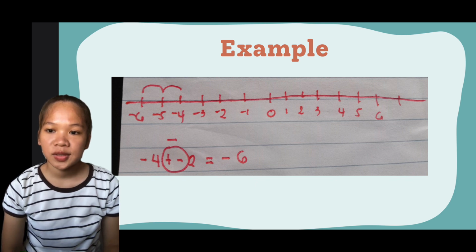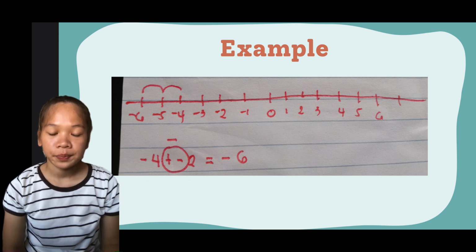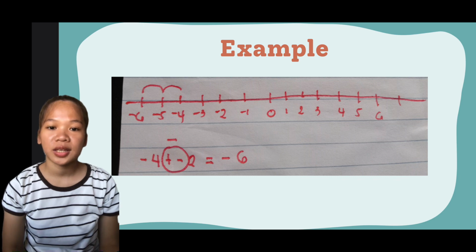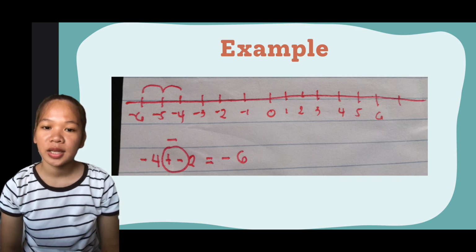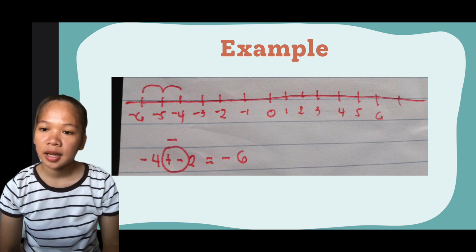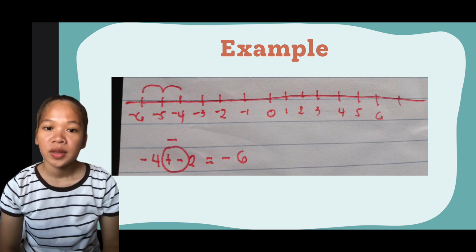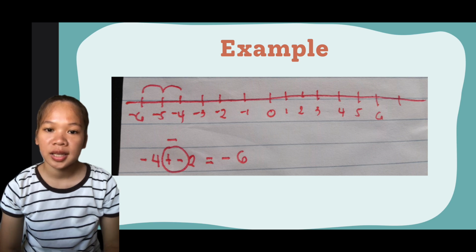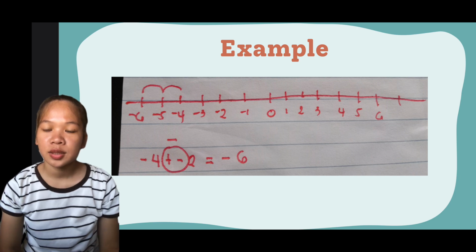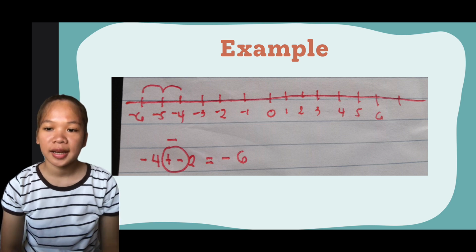The positive sign, atin siyang gagawing negative or minus, and then we are going to jump pa left. Ang nakalagay doon is negative 4, so sa negative 4 tayo magsisimula, and then magja-jump tayo ka 2. So 1, 2, that's why maglaland yung jump natin from negative 4 doon kay negative 6.